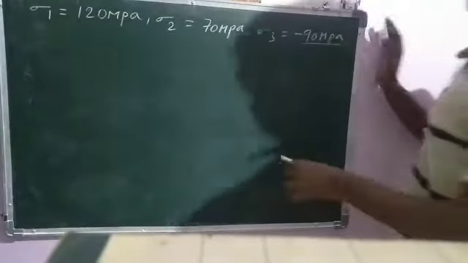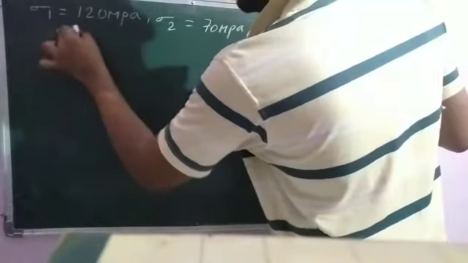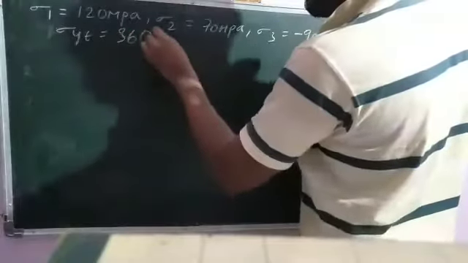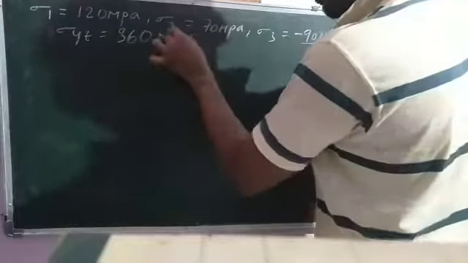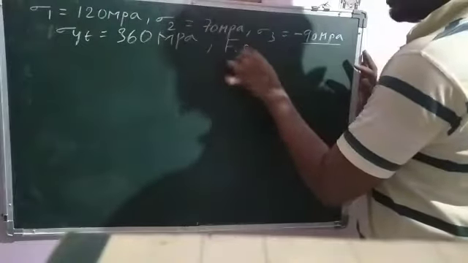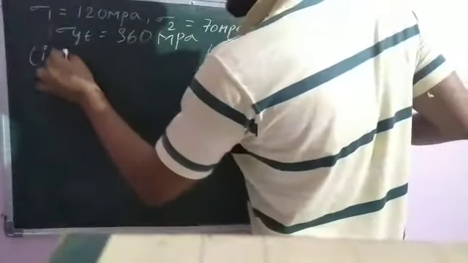Again, the yield strength is given, sigma yt is equal to 360 MPa for both tensile and compressive, the same value. So here the unknown is the factor of safety. First theory of failure is the normal stress theory.